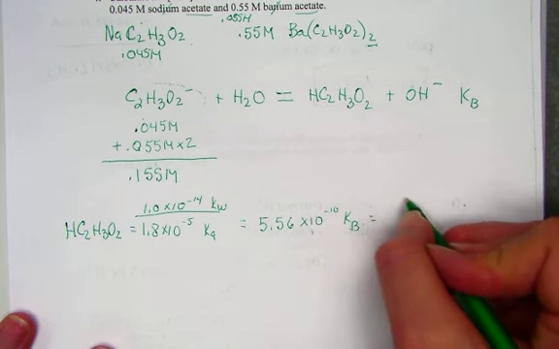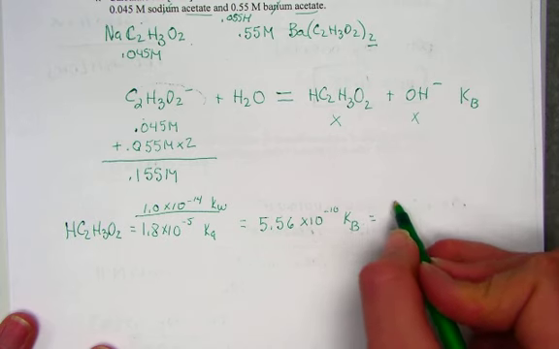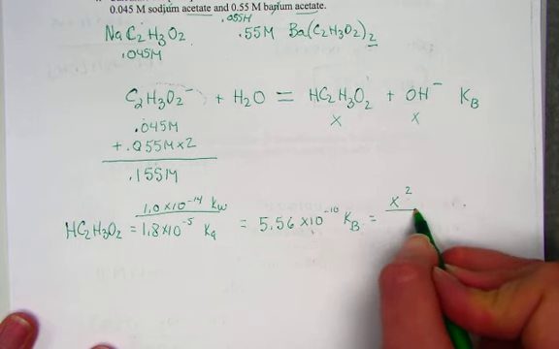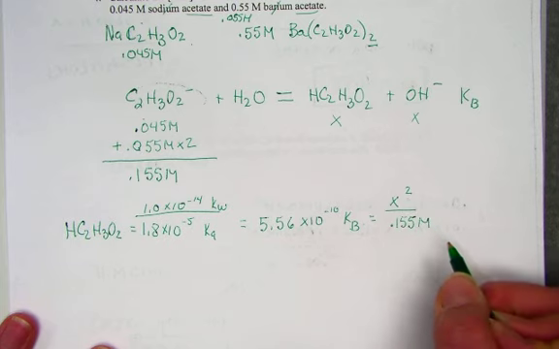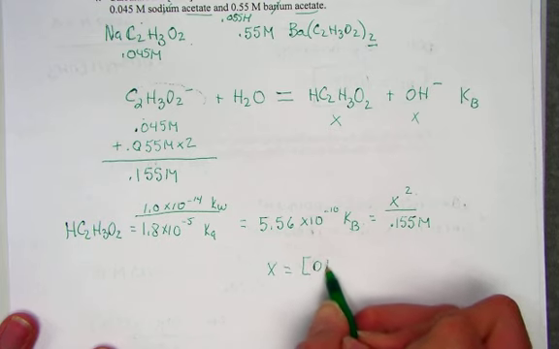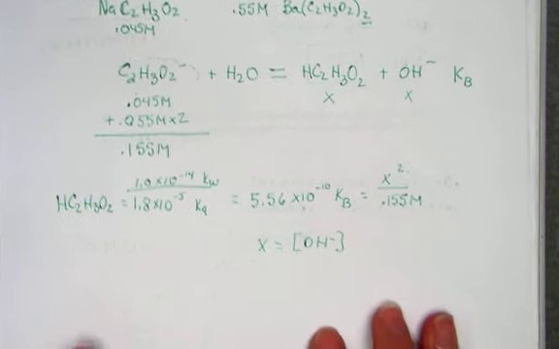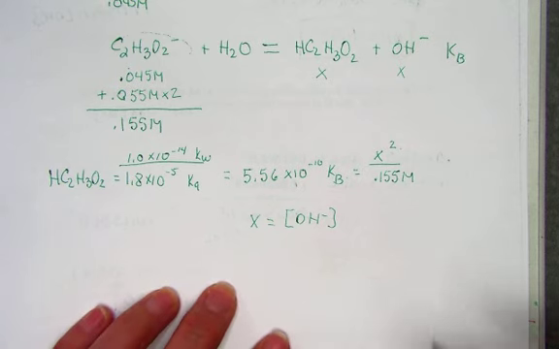Using the Kb, we'll set that equal to the value of the ions, which are both valued at x, so I'll square x, over the total concentration, 0.155 molar. I'll cross multiply and square root to find the value of x, knowing that we let x stand for the concentration of hydroxide ions, OH negative.